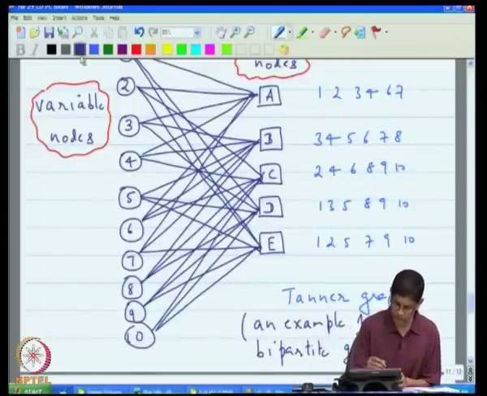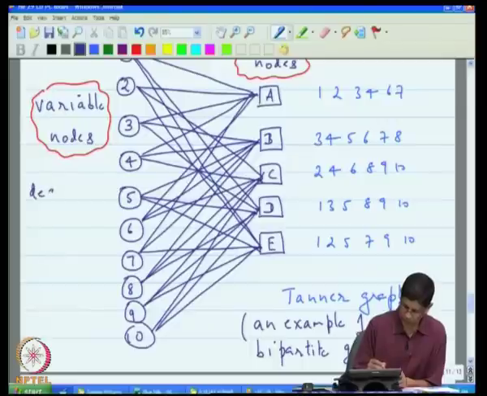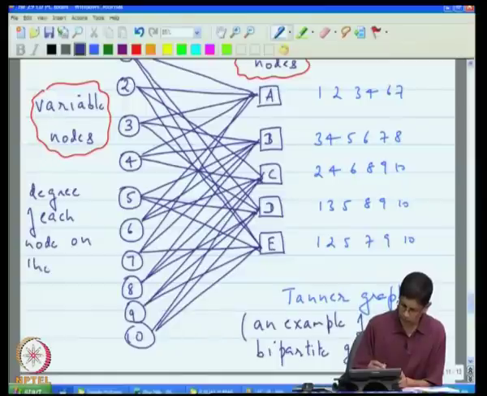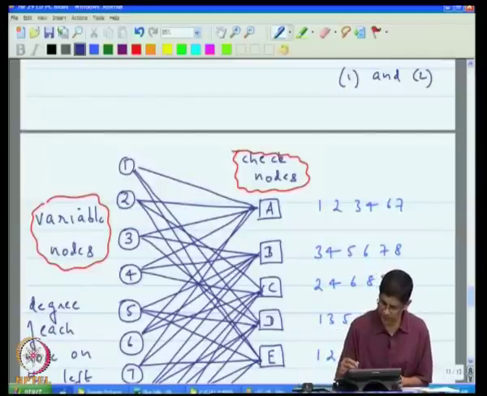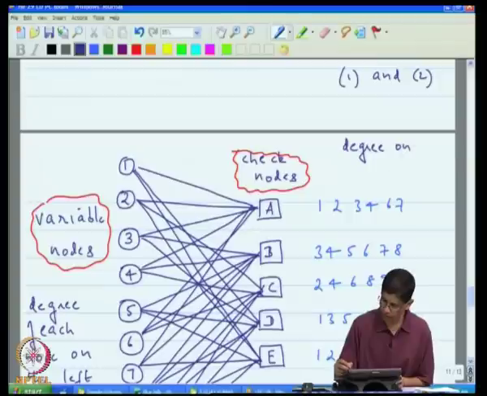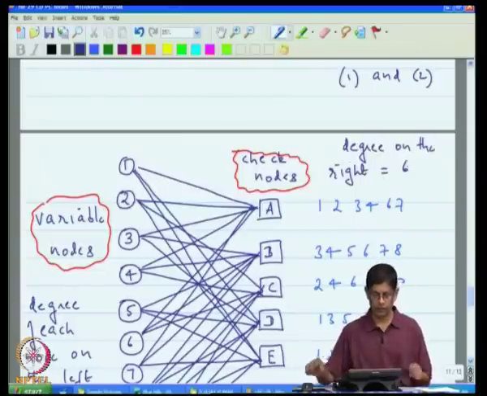So, we will make a note of that also. Degree of each node on the left is equal to 3, and the degree on the right is equal to 6. All right.